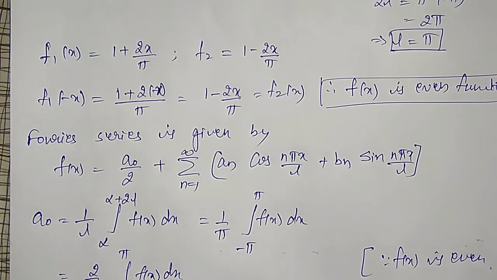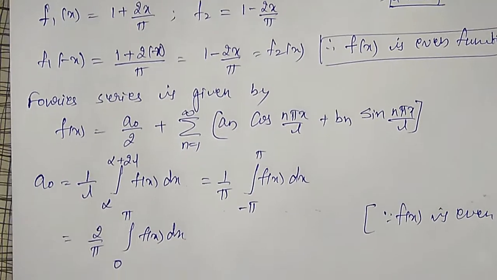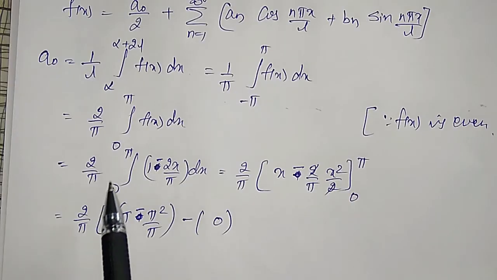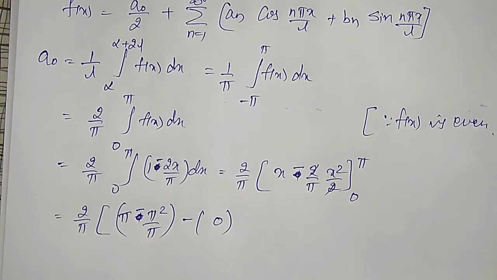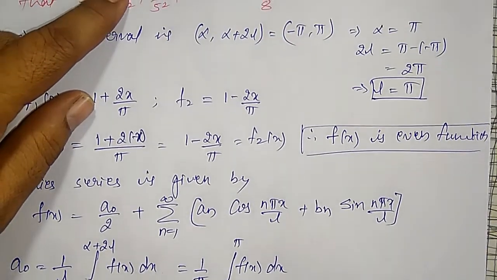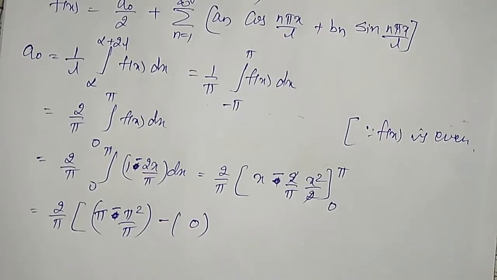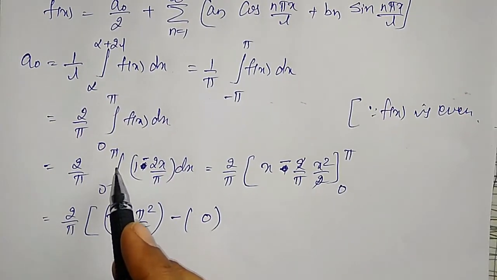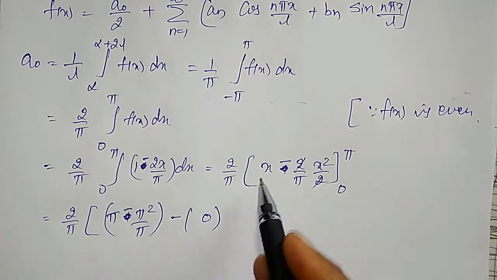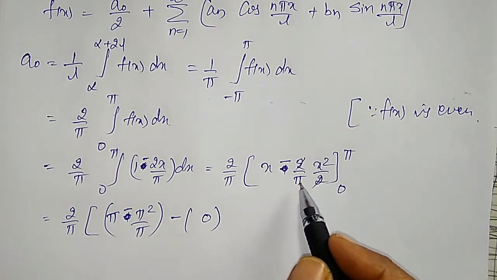And what about f of x between 0 to pi? Here for 0 to pi, the function is defined to be 1 minus 2x by pi. Therefore integration from 0 to pi of 1 minus 2x by pi will become x minus 2 by pi into x square by 2, the 2 cancels.